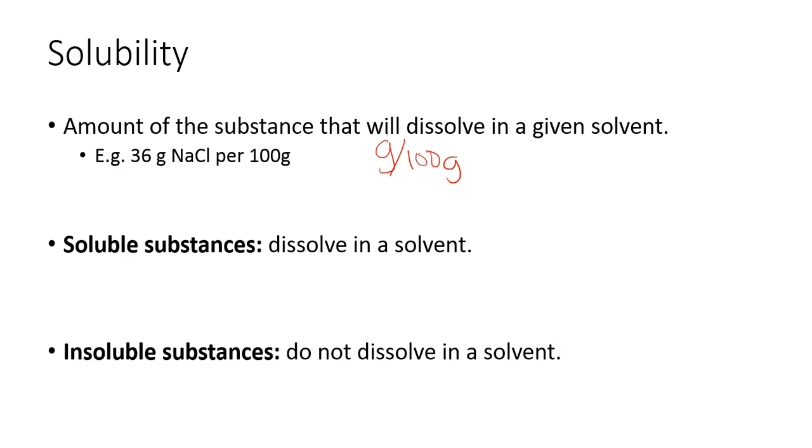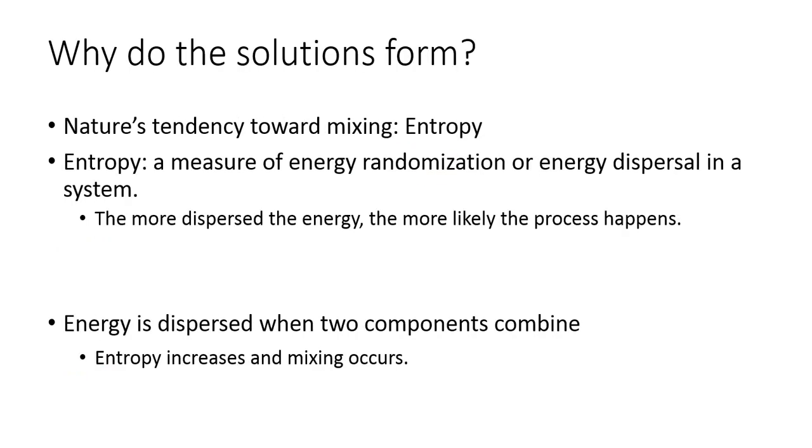Then we have important definitions. Soluble substances. So the things that can dissolve in a solvent are known as soluble substances. Substances that do not dissolve in a solvent are known as insoluble substances. So these are important terms about solutions.